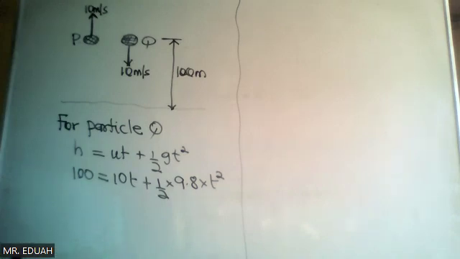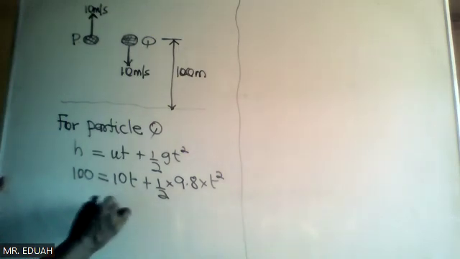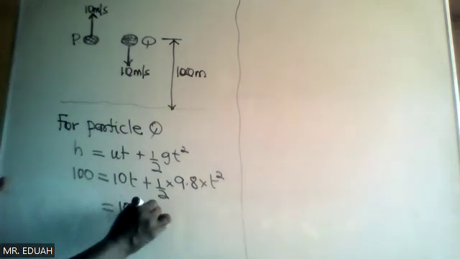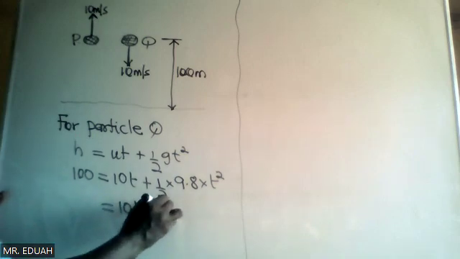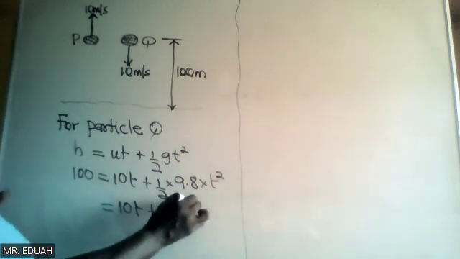Yes, sir. Okay, so let's simplify this. 10T plus 9.8 divided by 2, that is 4.9. So 4.9 T squared.